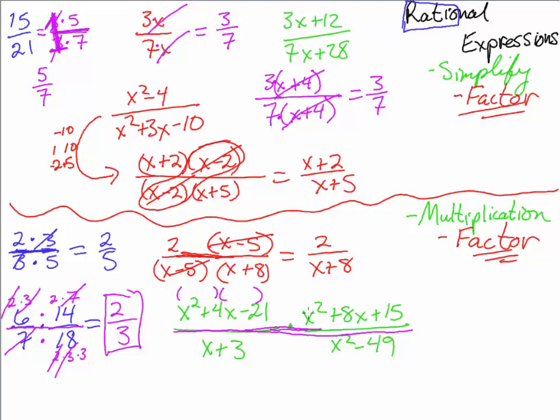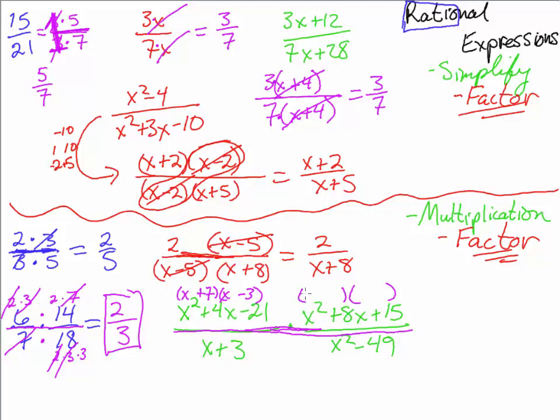All right, so we're multiplying top to top here, but let's factor this. We have x. Let me see, what times is to a negative 21 and adds to positive 4? That looks like a positive 7 and a minus 3. Ooh, that's so close. That almost cancels with itself there, but it doesn't. Let's try this one.